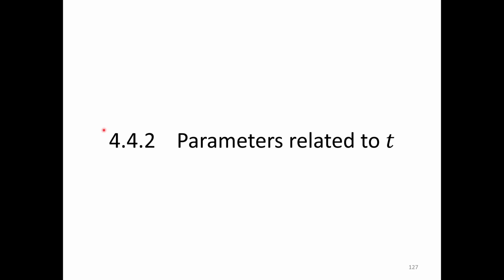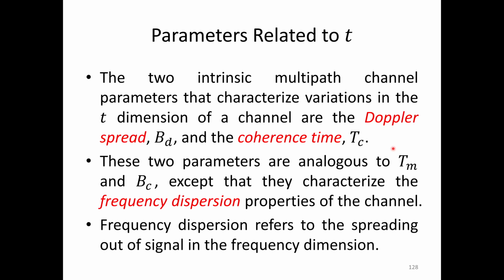Okay, so next let us go to section 4.4.2, parameters related to T. The two intrinsic multipath channel parameters that characterize variations in the T dimension of the channel are the Doppler spread BD and the coherence time TC.